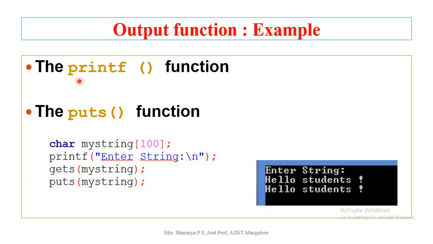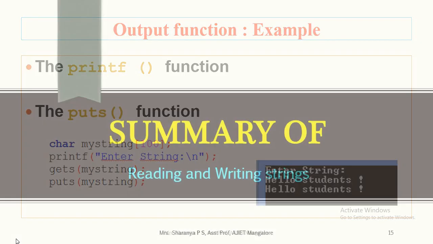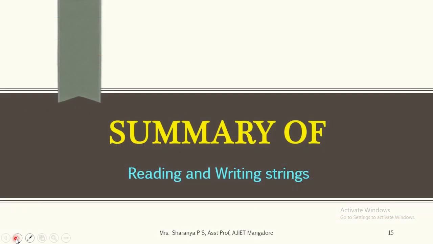Here is one more example using printf and puts. We have used gets and puts directly just to work with the strings. As a summary, we have discussed different functions for reading and writing strings.